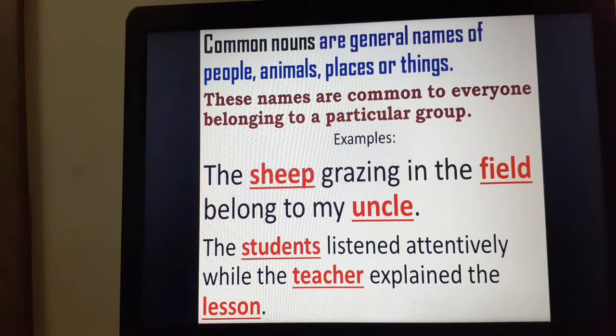The students listened attentively while the teacher explained the lesson. In the very first sentence, sheep, field, and uncle are common nouns, whereas in the second sentence, students, teacher, and lesson are common nouns, as these talk about general names.